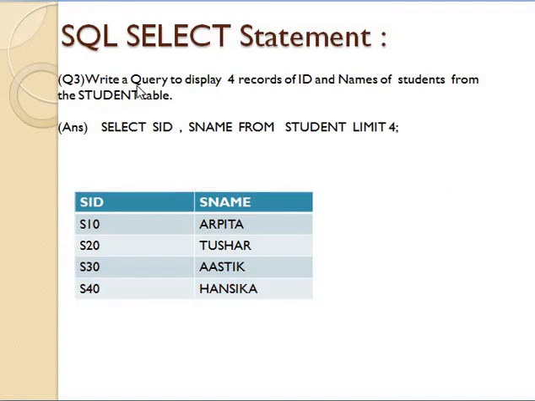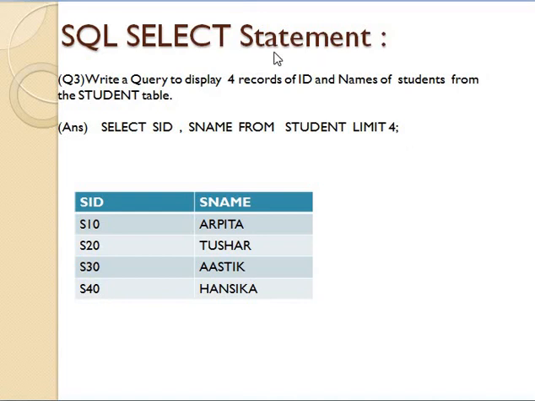Now check this query. Read the question. It says write a query to display 4 records of ID and names of students from the student table. So you're going to write the query as select SID, SName from student limit 4.